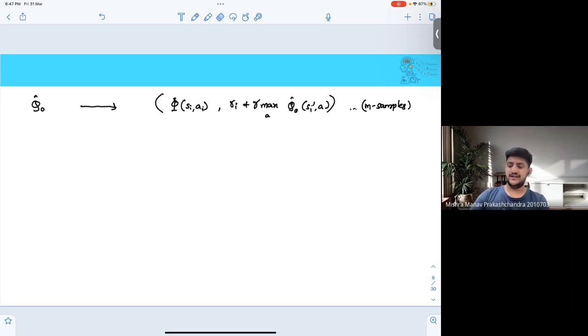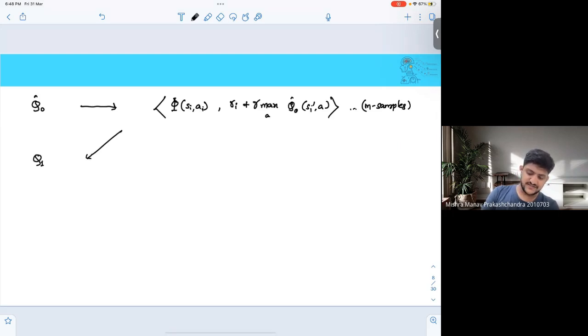So I generate m such data, the data set, and I pass it to my regression model where we do this fitting, and from this I get my new updated Q function, which we'll call q1.